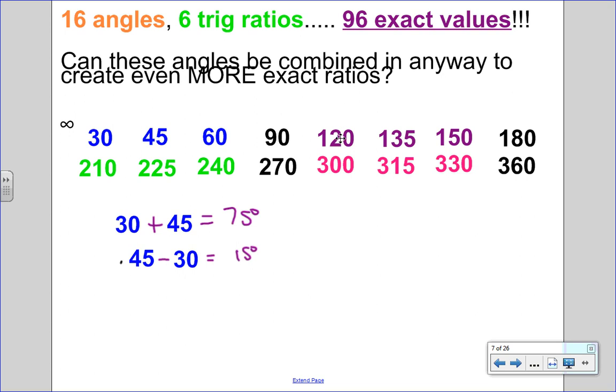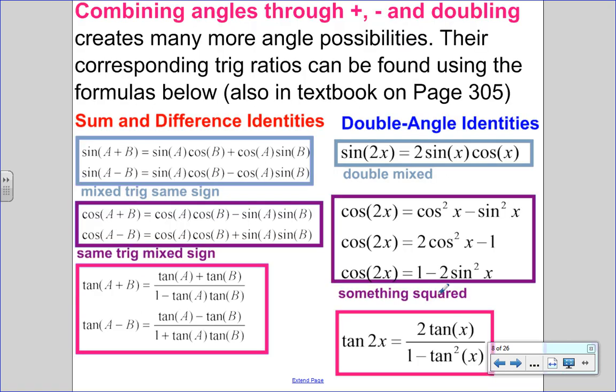Or it doesn't just have to be in quadrant number 1. I could take 120 and, let's say, 135. I could add those together, and then I could figure out an exact value for 255 degrees. So I could just keep on going with these. Combining these angles through adding and subtracting and even doubling, we can create more exact values.